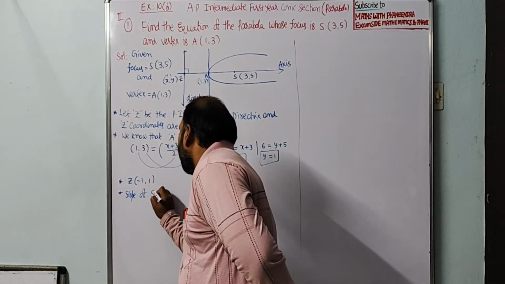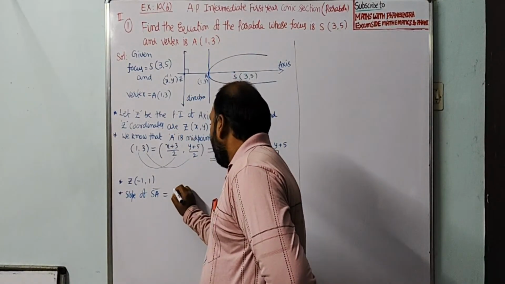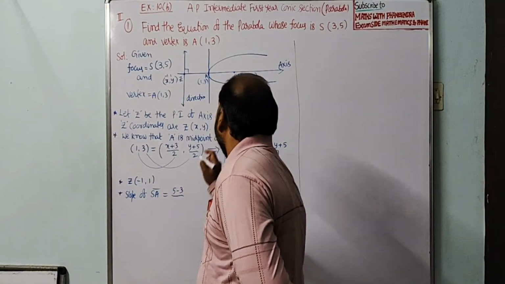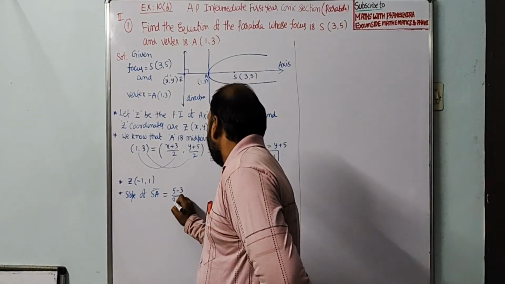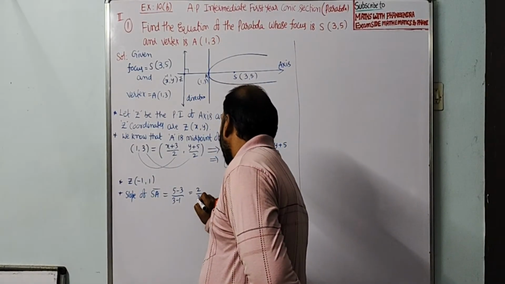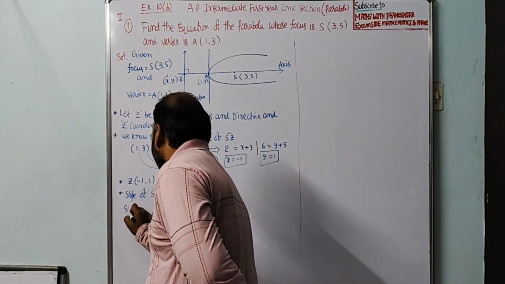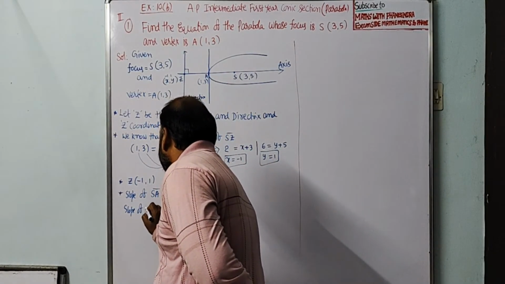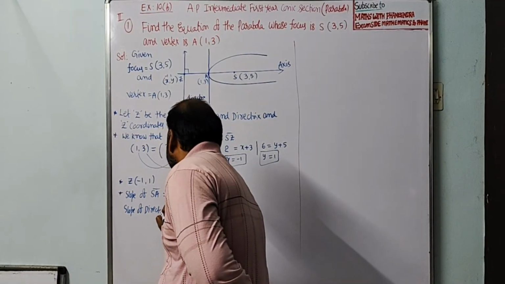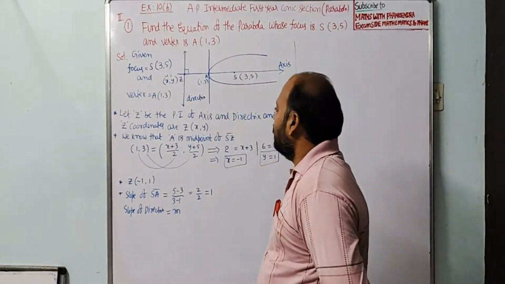Slope of SA equals (5 - 3)/(3 - 1) = 2/2 = 1. Slope of directrix we don't know, so let it be m.